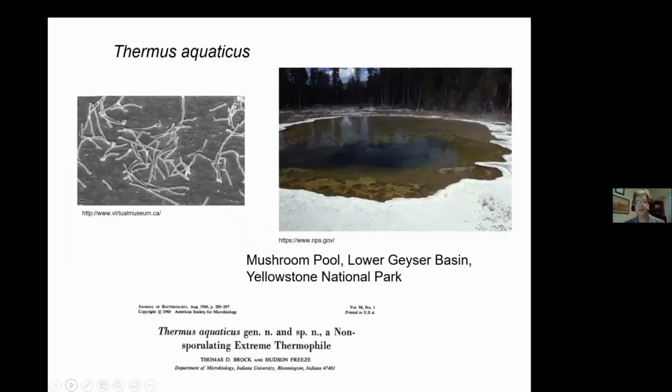All right, so the natural one was they found, and this again was people working for CETUS, they went out looking for useful enzymes in environmental organisms. So in a hot springs in Yellowstone called Mushroom Pool, people isolated this guy over here, Thermus aquaticus.